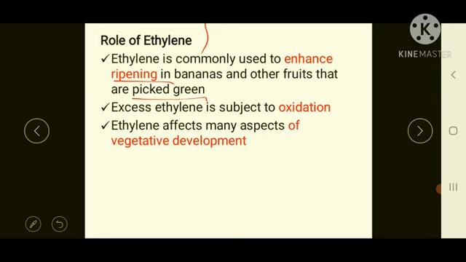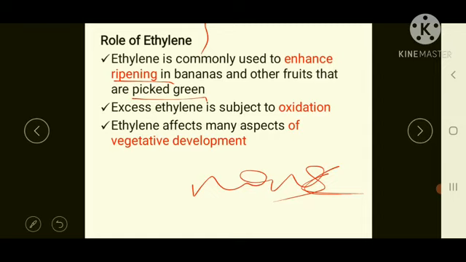But this is used for climacteric fruit. Especially in these fruit, we can pick the green fruit from the mother plants and spray ethylene on them, and throughout the process the fruit become ripened.